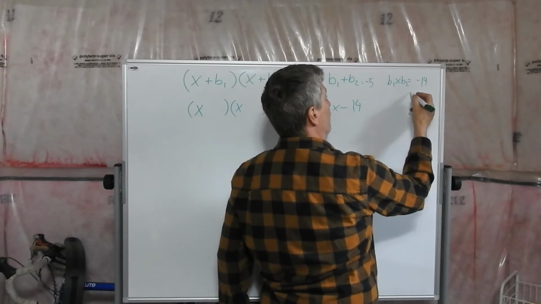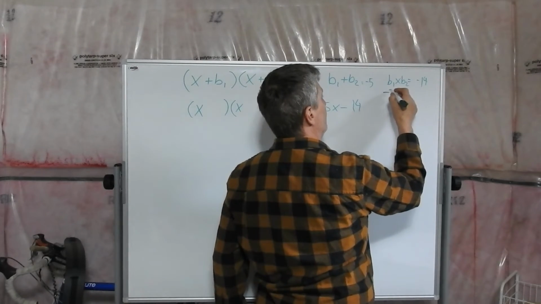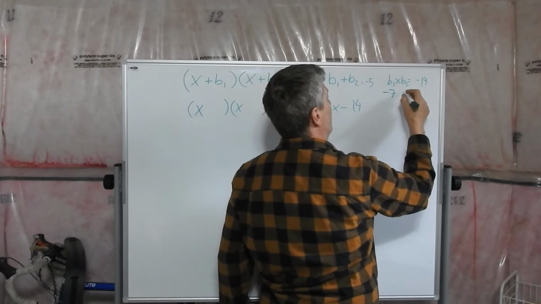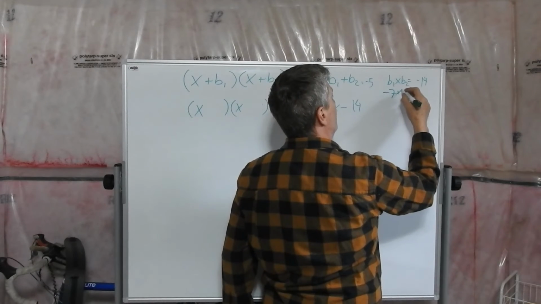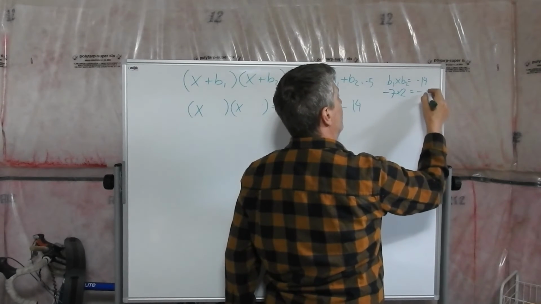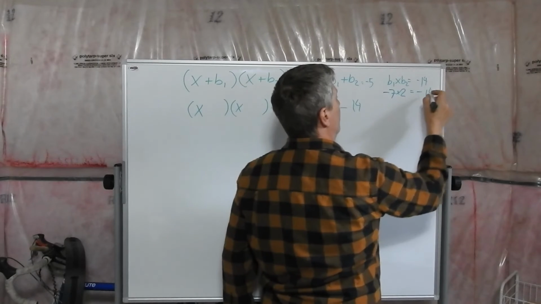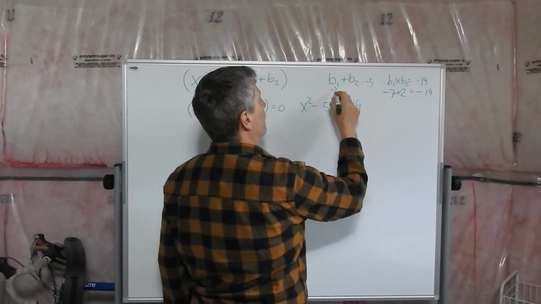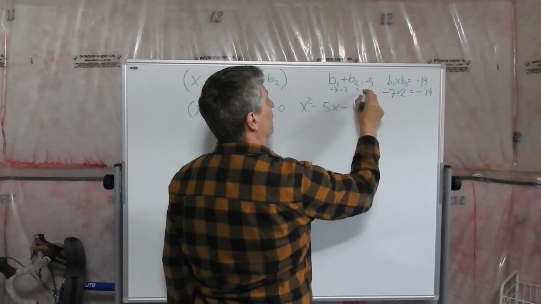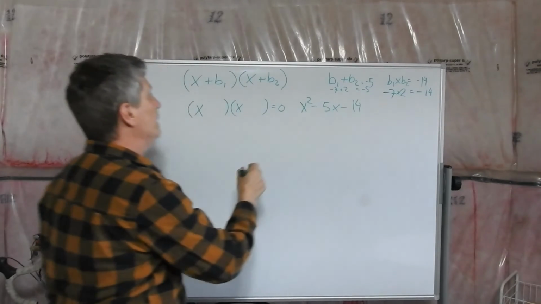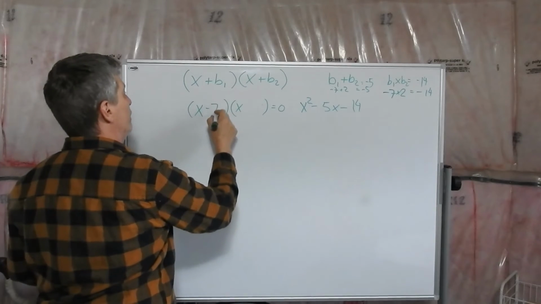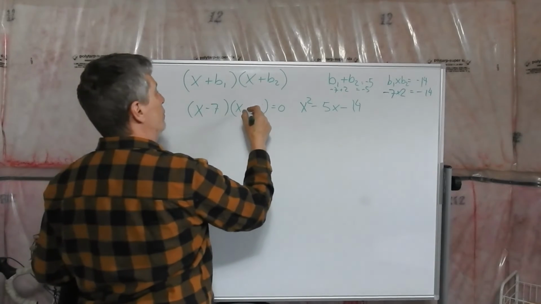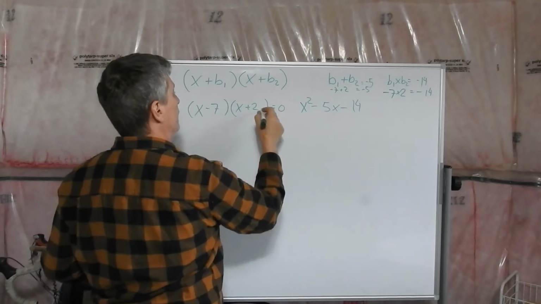So it's only minus 14, so it has to be something like minus 7 times 2, that equals negative 14, and 2 minus 7 is negative 5.